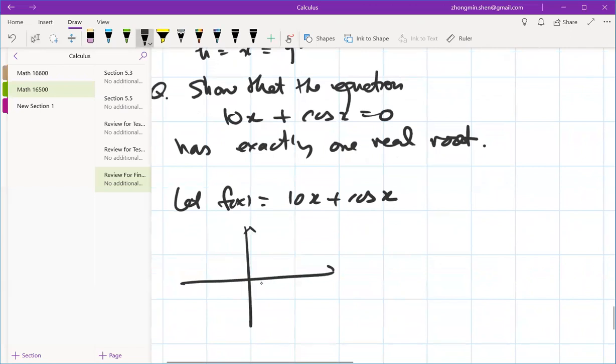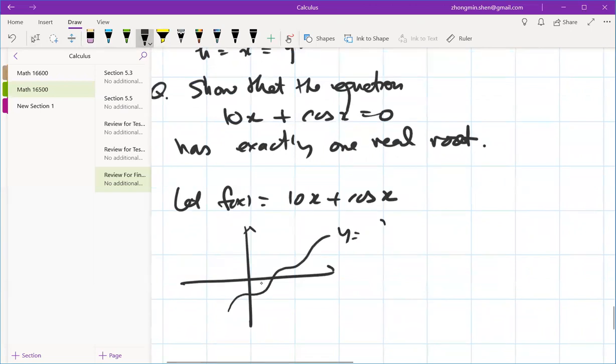maybe the function looks like that. And now this has 3 roots, right? So it shouldn't be like that. Maybe like that, right? That's only one real root.